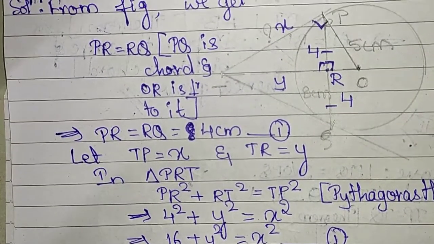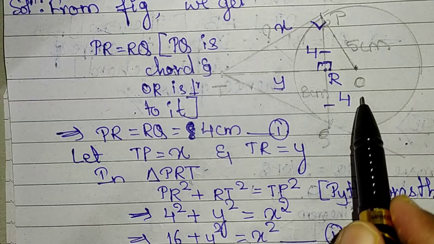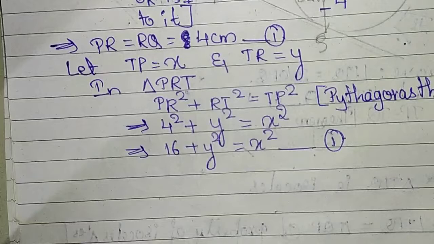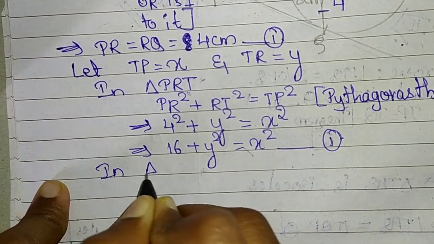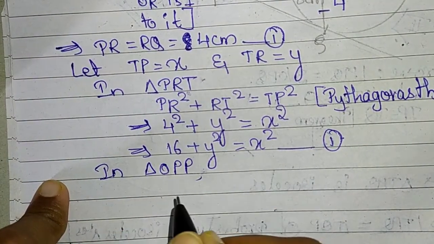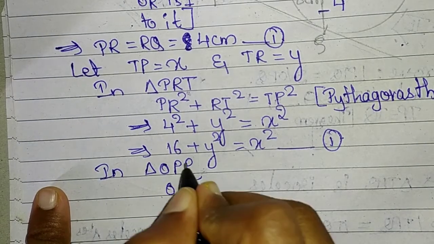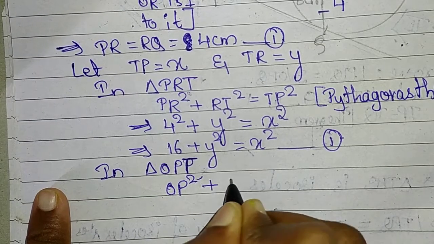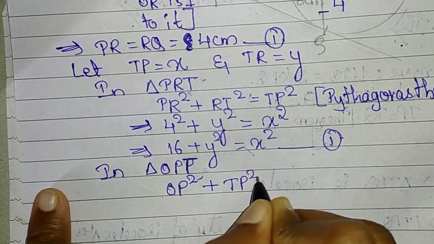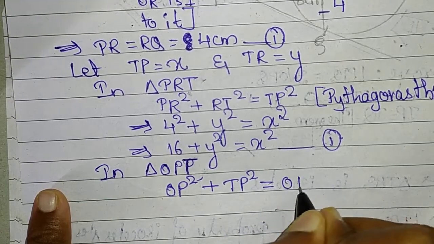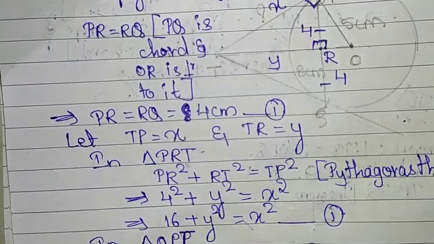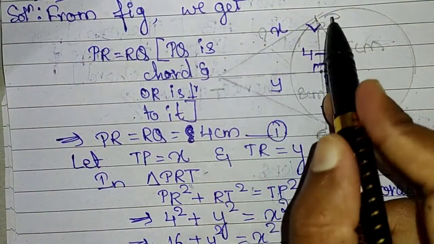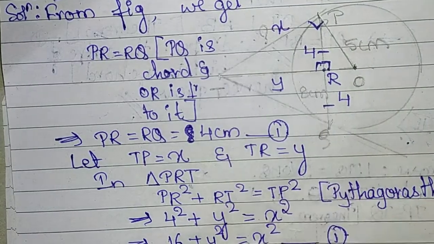Now in the larger triangle OPT, we get OP square plus TP square is equal to OT square. OT is the hypotenuse.